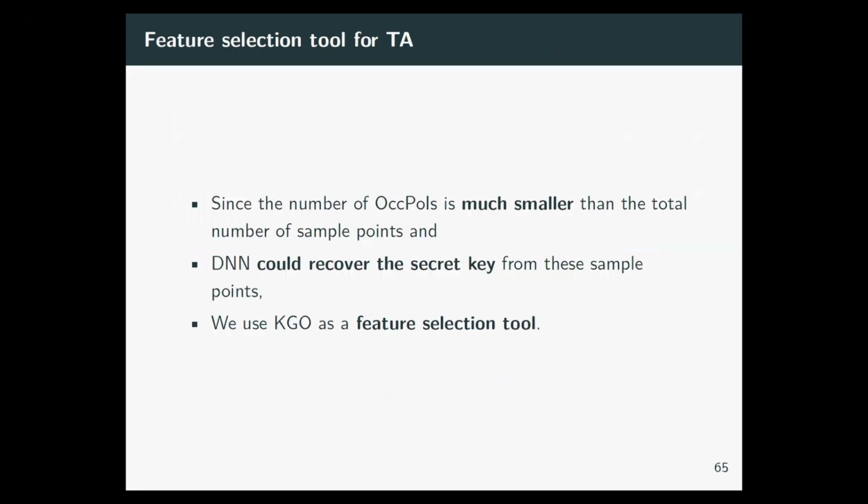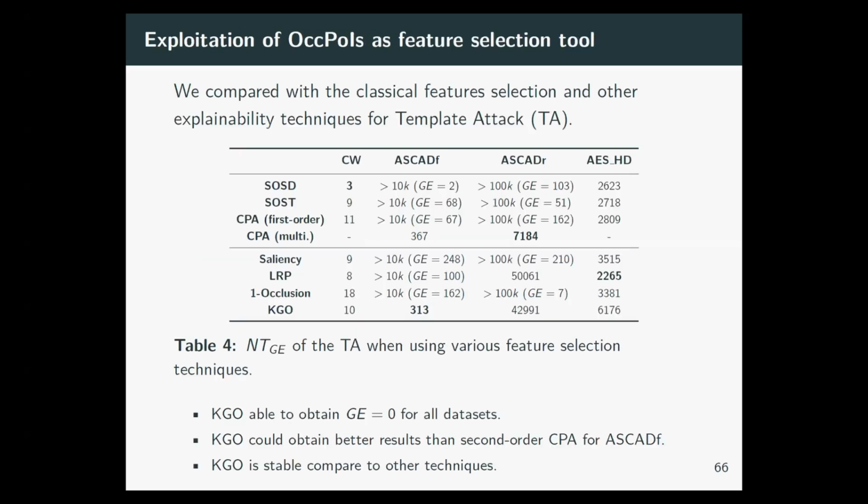Furthermore, we look into using this KGO algorithm to act as a feature selection tool. Why? That's because the number of POI is actually much smaller than the total number of sample points, and deep neural network can actually recover the secret key. This means that it contains exploitable leakage. So we apply it on template attack, the classical profiling attack, and compare it with classical feature selection tools and other explainability techniques.